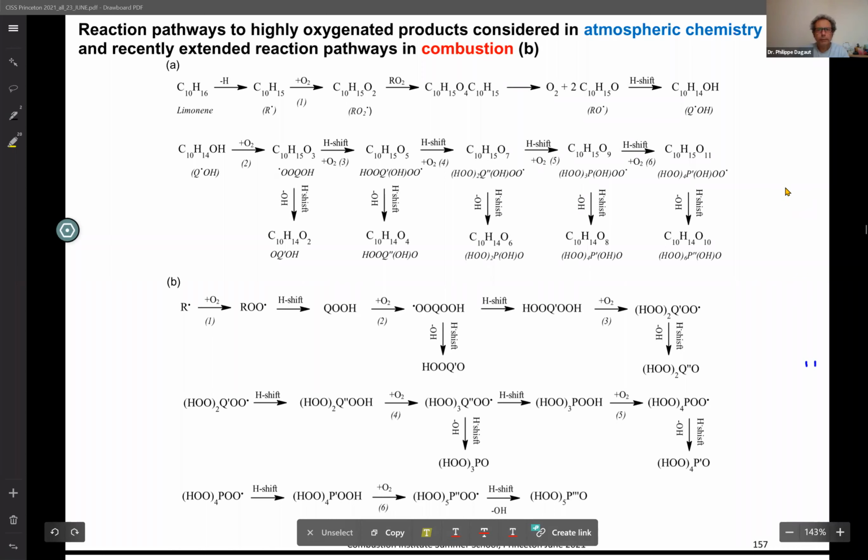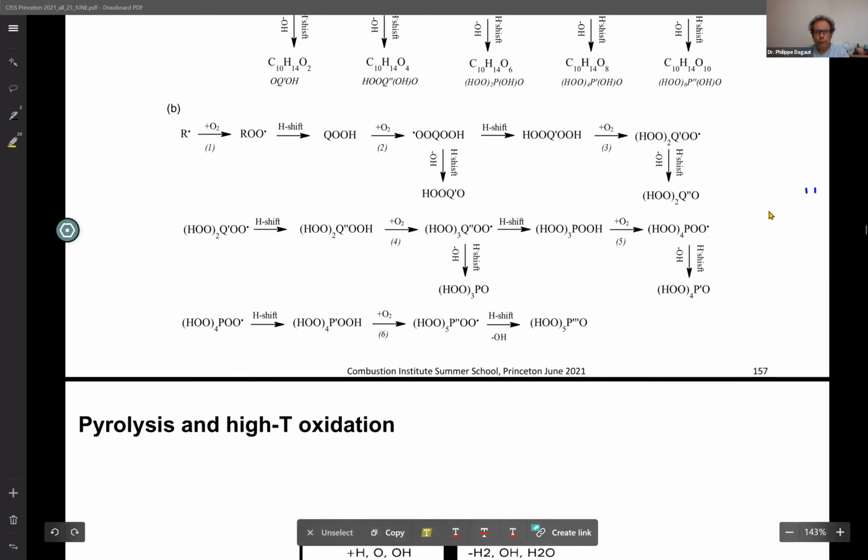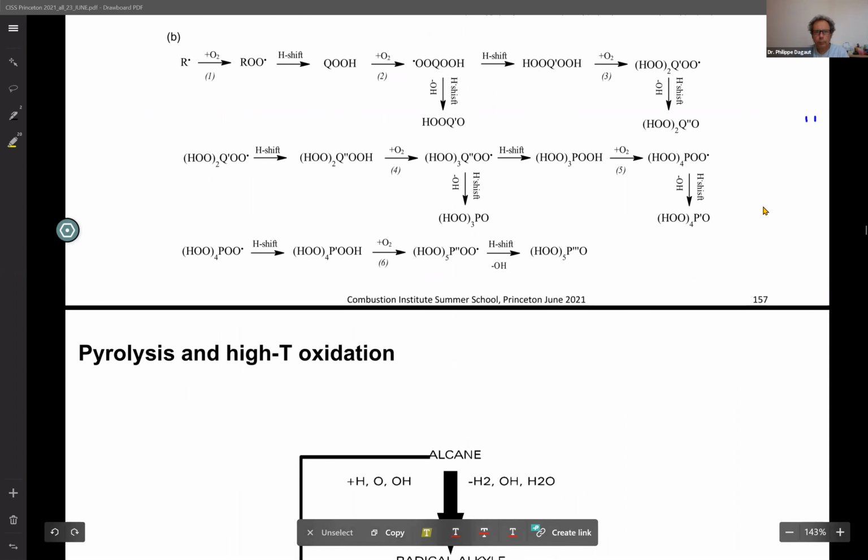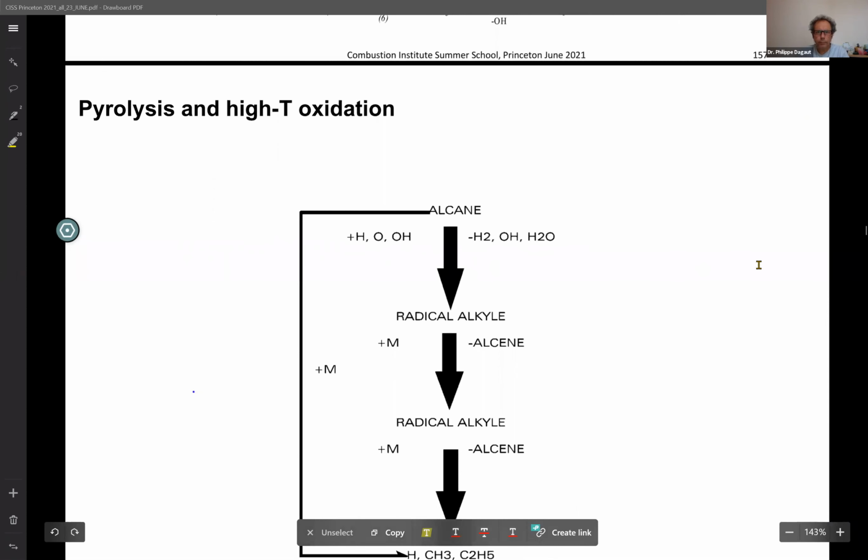So after presenting these rather complicated pathways, we will go back to something more simple. So first of all, this is the general mechanism of oxidation and pyrolysis of hydrocarbons, for example, for alkanes.